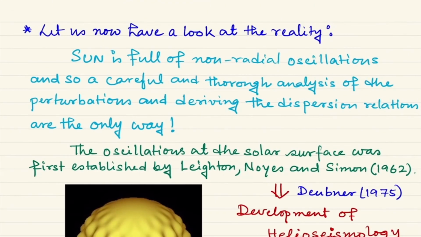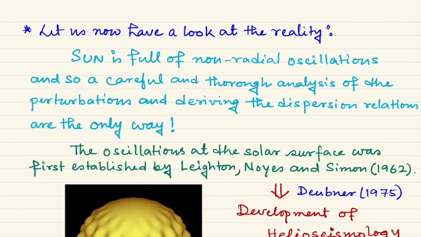Finally, the question is, if the radial oscillation is so simple, why should we at all think about non-radial oscillations? Because let us now have a look at the reality. And what is the reality?